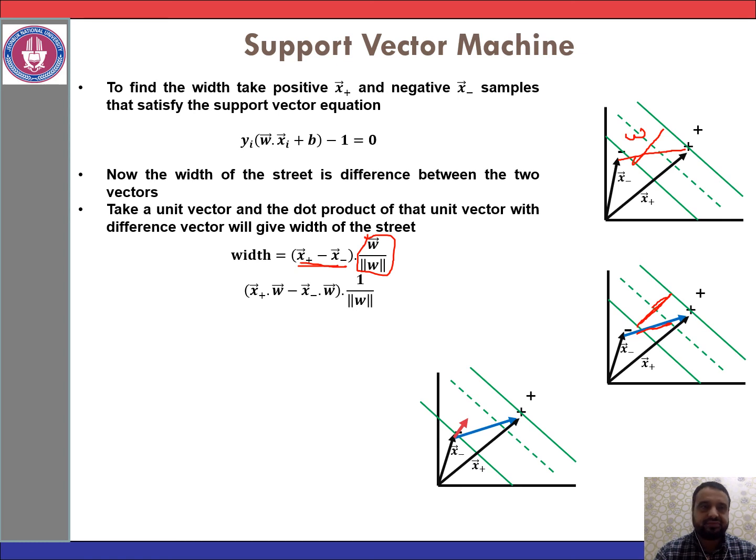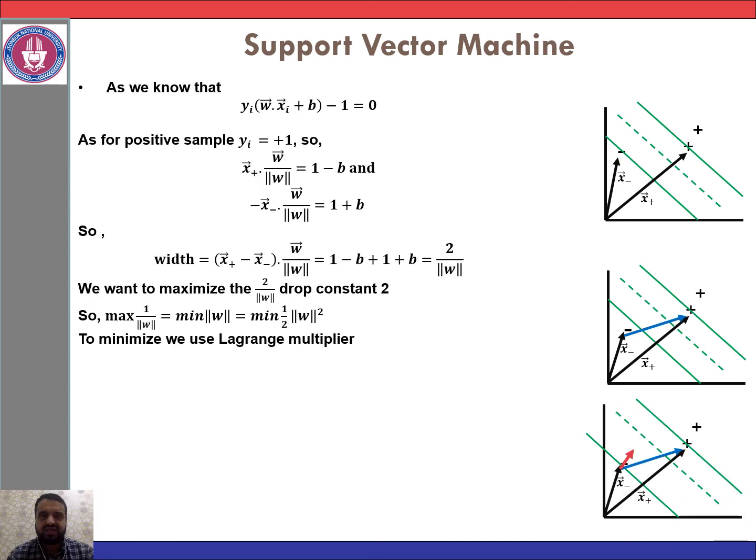As we have selected the support vectors for which the equation is this one, now we can find x plus dot w divided by the magnitude of w, which is equal to 1 minus b. Similarly, for the negative sample, this is equal to 1 plus b.